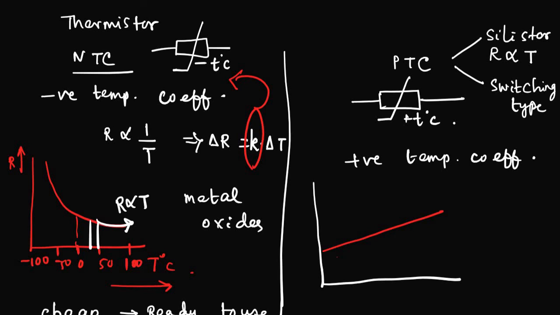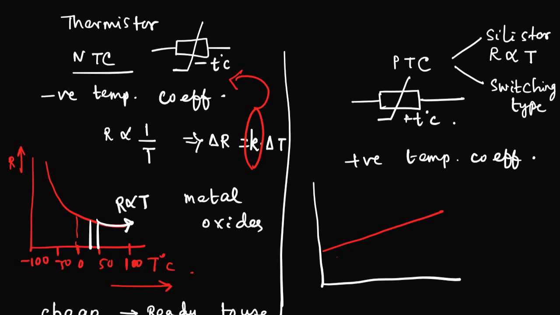linear one. Now the switching type is basically made up of some polycrystalline ceramic body, and it is made to bear up to a certain temperature, which is also called the threshold. Let me show you it in a graph. I will change the color.